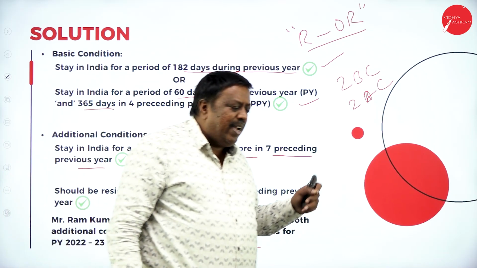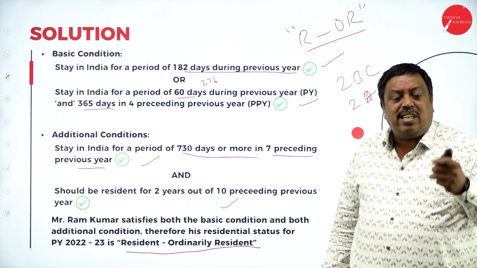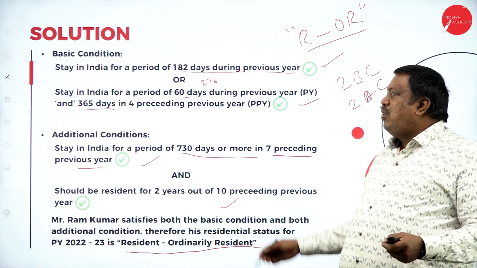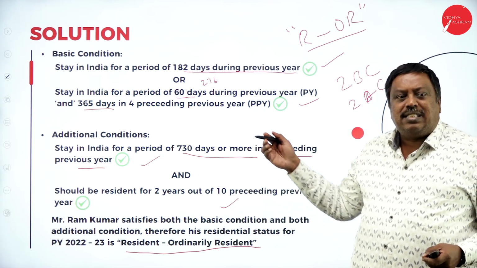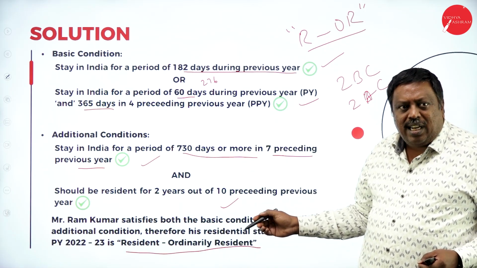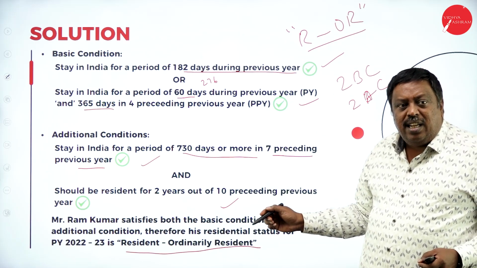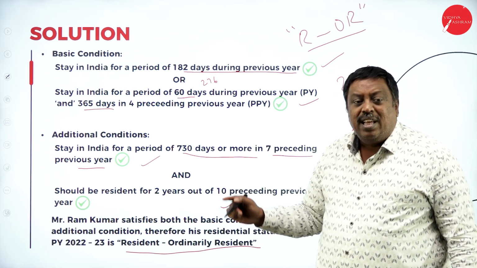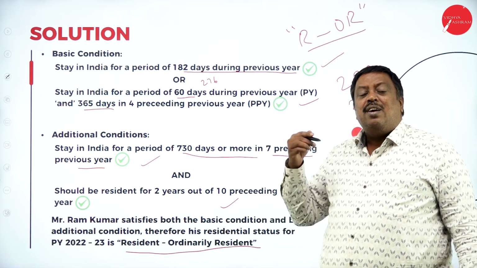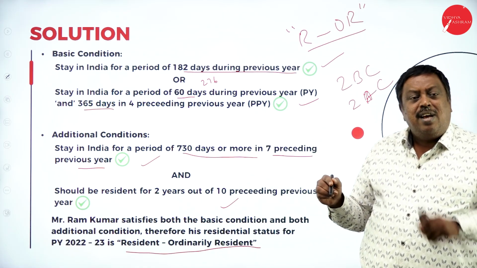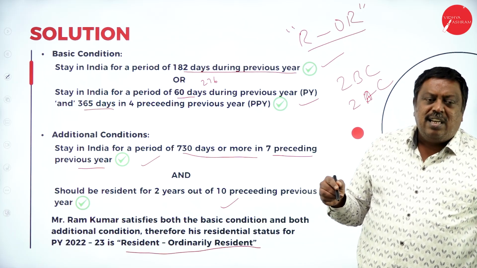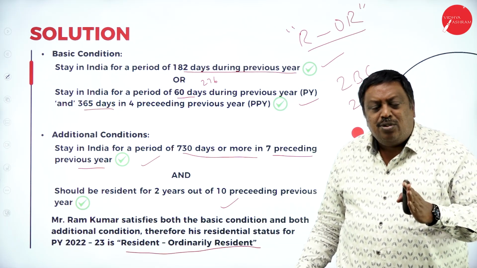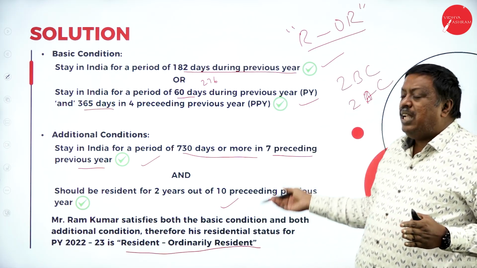This is how we have to determine residency status of any individual. So understand the concept perfectly. When I left India on 5th October 2022 for the first time, then it says that when I'm leaving first time during previous year, in the preceding previous years, I was in India only. So there is no need to calculate those information.